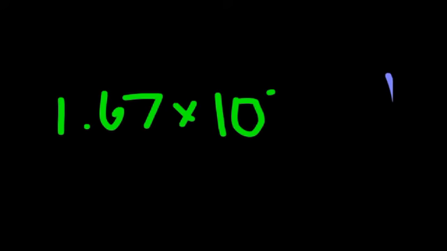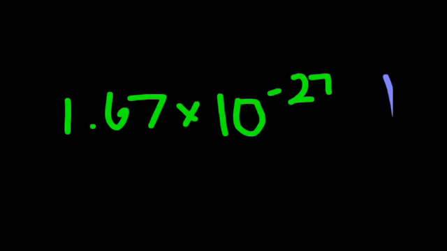And what's the mass of a proton? If I remember correctly, I think the mass of a proton is somewhere around 1.67 times 10 raised to the negative 27 power.